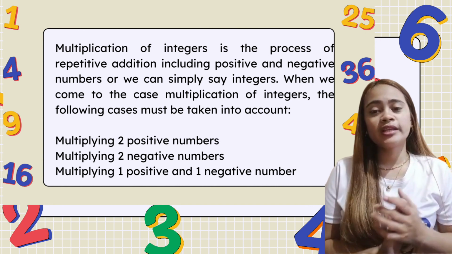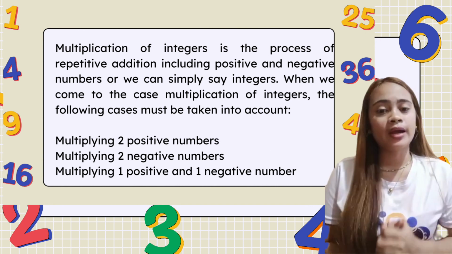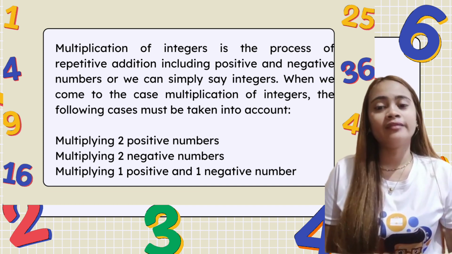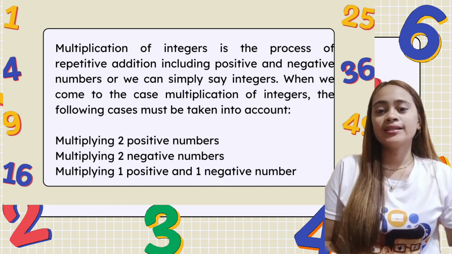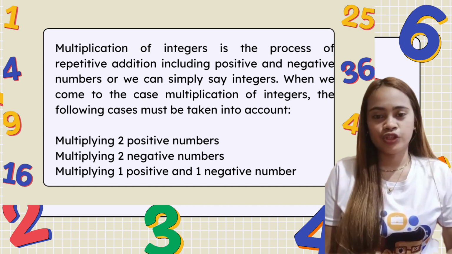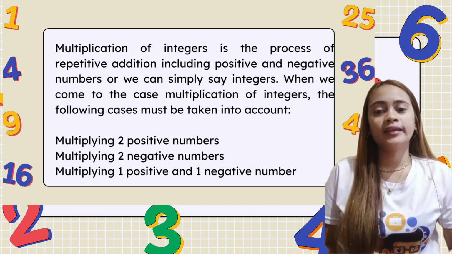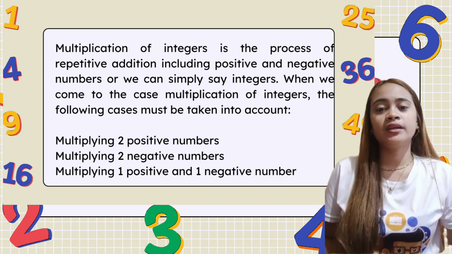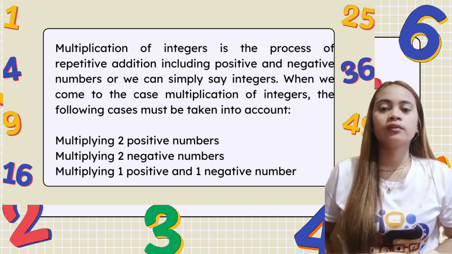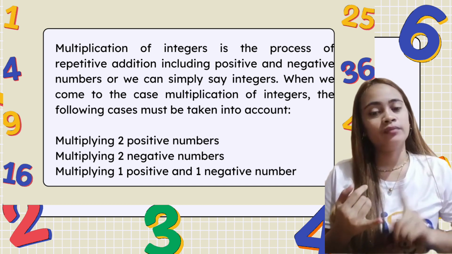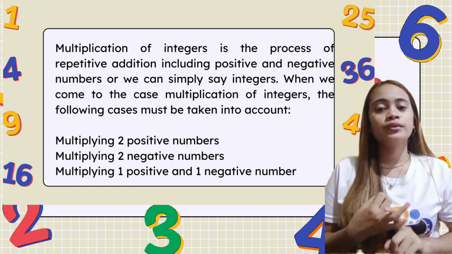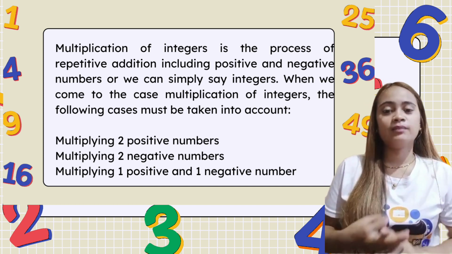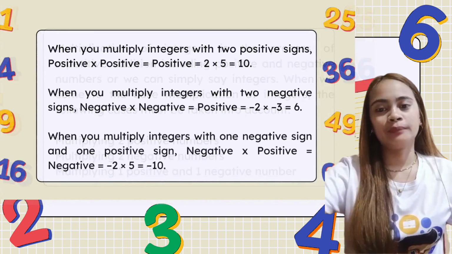When we say multiplication of integers, it is the process of repetitive addition including positive and negative numbers, or we can simply say integers. When we come to the case of multiplication of integers, the following cases must be taken into account: multiplying two positive numbers, multiplying two negative numbers, and lastly, multiplying one positive and one negative number.